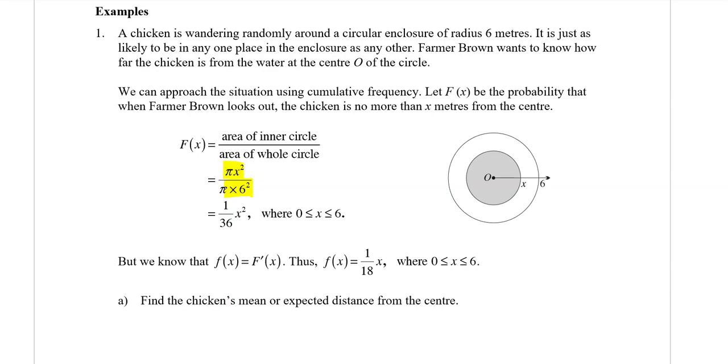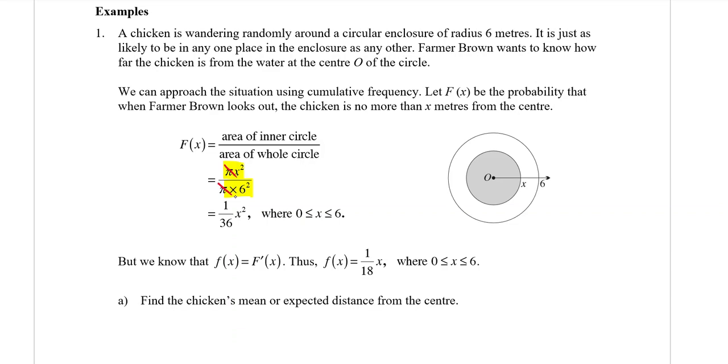And then to simplify the fraction down, you can cancel the pi's out. And so we just have x squared over 36, or they've written that with the 1 over 36 out the front times the x squared. Now it's saying that x has to be between 0 and 6 because 6 is the largest that circle can get to. So it's giving it a finite domain that we're working between.